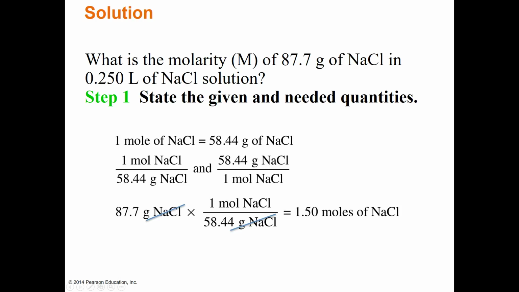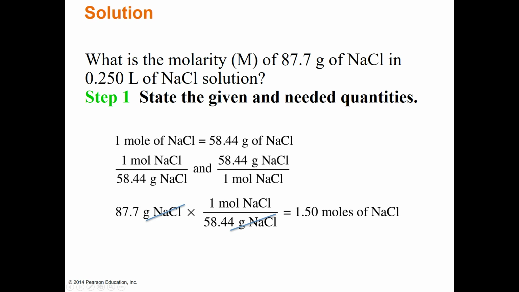So moles, and we need the volume in liters, so it's going to be 0.25 liters. It's going to be a 6 M solution. 5.99, which is equal to 6.